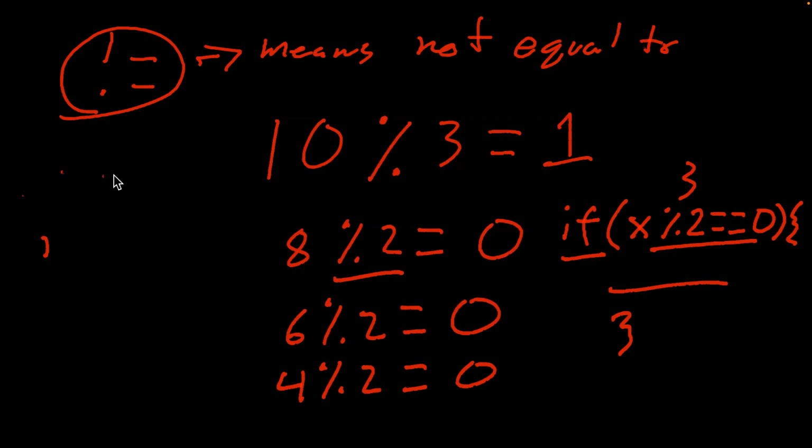Okay, so if we say if x modulo 2 is not equal to 0, what are we checking here? If a number is odd. Yeah, because if it's not even, it's odd.